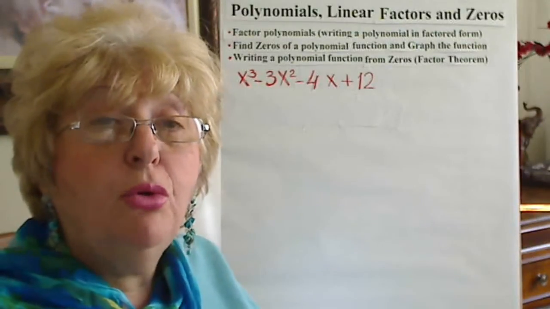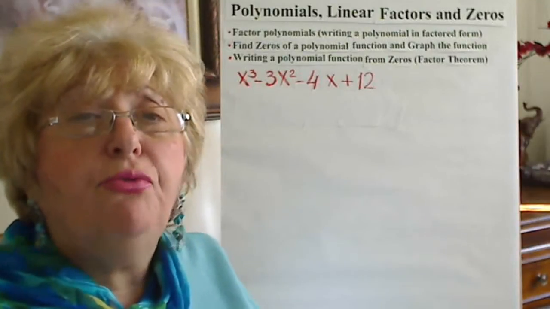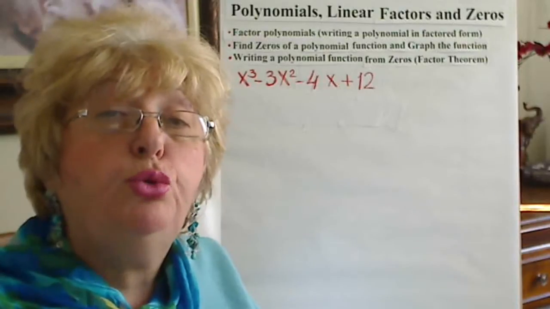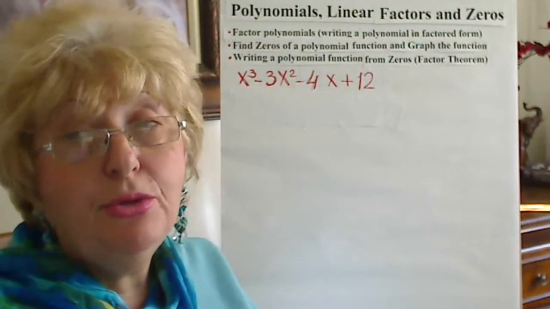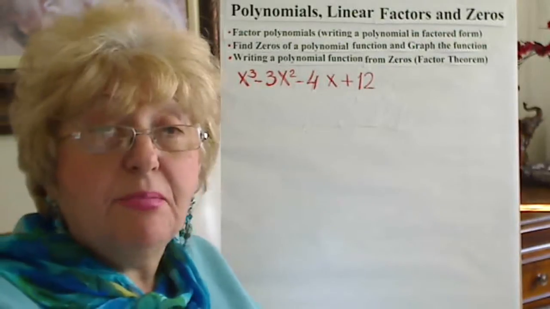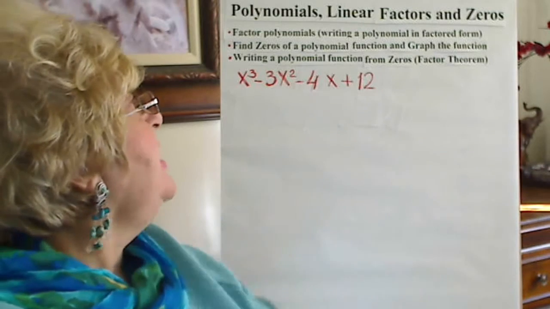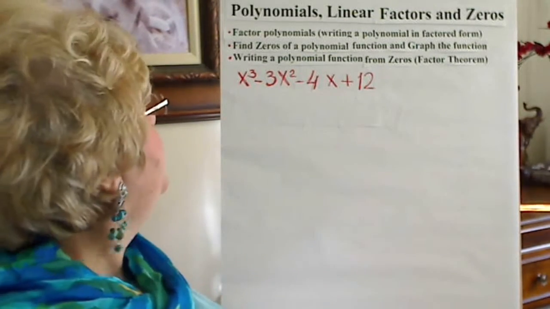First of all, we will talk about factoring polynomials. What does factoring mean? If you write a polynomial as the product of two or more polynomials, you have factored the polynomial. Here's an example: x cubed minus 3x squared minus 4x plus 12.